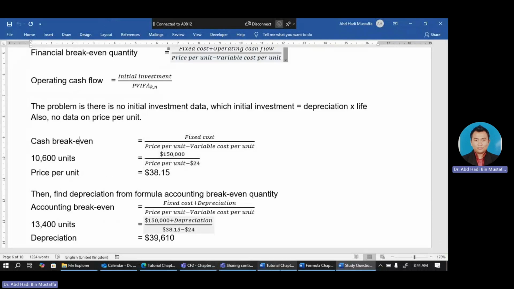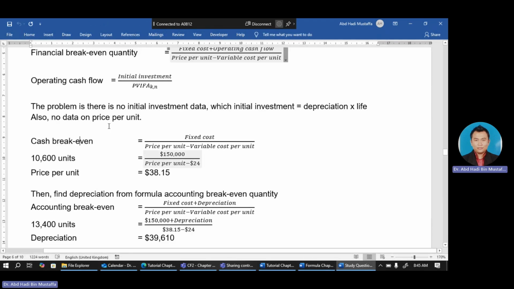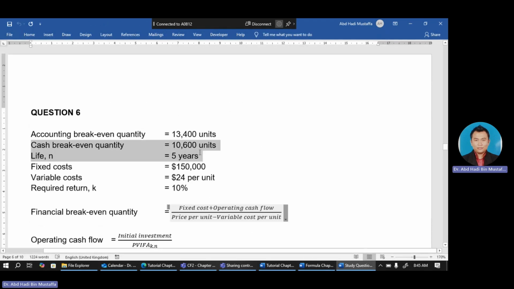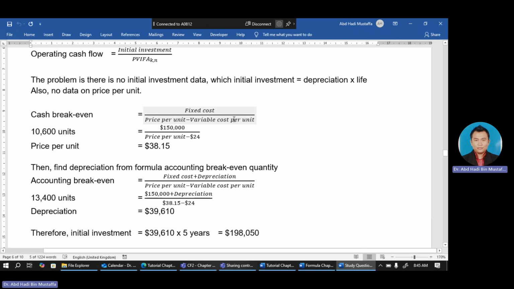The formula that has price per unit is cash break-even. I use cash break-even because there is no depreciation at that point. I use it just to find price per unit, since we already have the cash break-even. So cash break-even equals fixed cost divided by price per unit minus variable cost per unit.